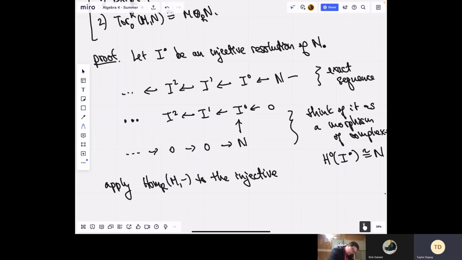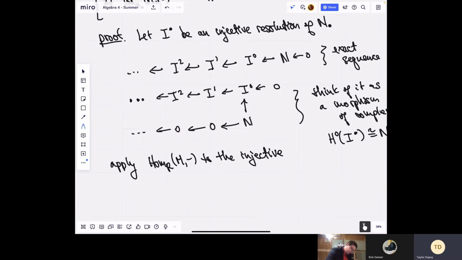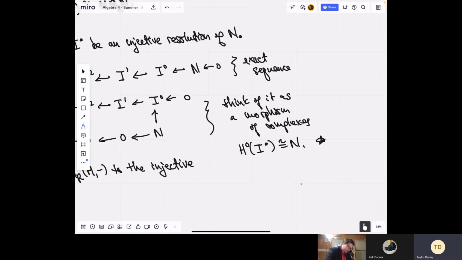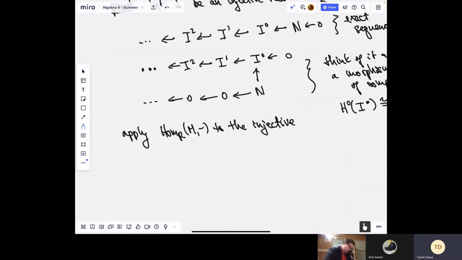We still have this condition. So we apply this to the injective resolution and we get a complex.